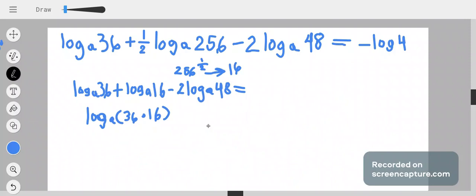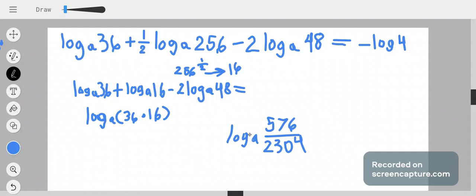Okay, so you can write that as log A, and then do 576 over, 2,304, because we have to divide this out now. Wait, did I say 203? I meant 2,304. Yeah, there we go. That looks better, kind of.